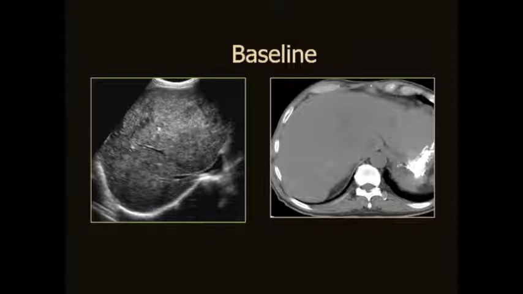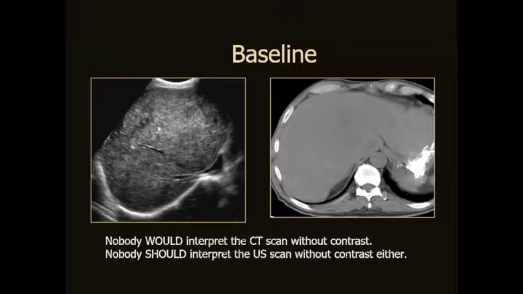So when you look at these two baseline images, they're both quite horrid actually, but you can see that the ability of ultrasound to resolve lesions is obviously far superior to CT scan, which depends on contrast to increase conspicuity in the liver. And so I'd like to suggest to you that nobody would interpret that CT scan without contrast. And certainly, I would like to suggest to you also that nobody should interpret that ultrasound scan without contrast either.